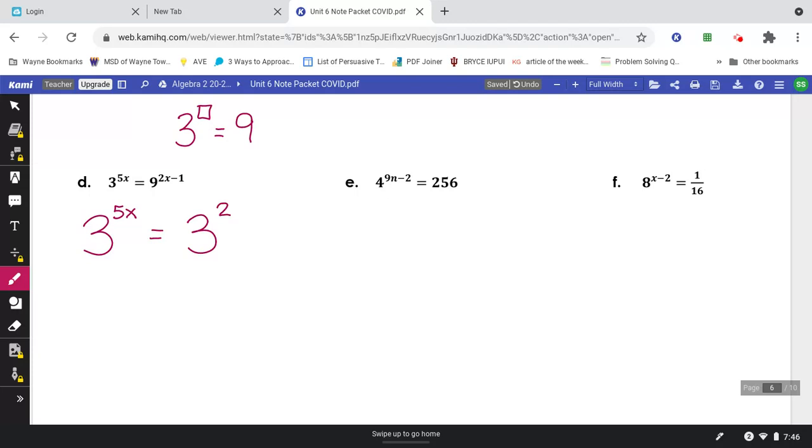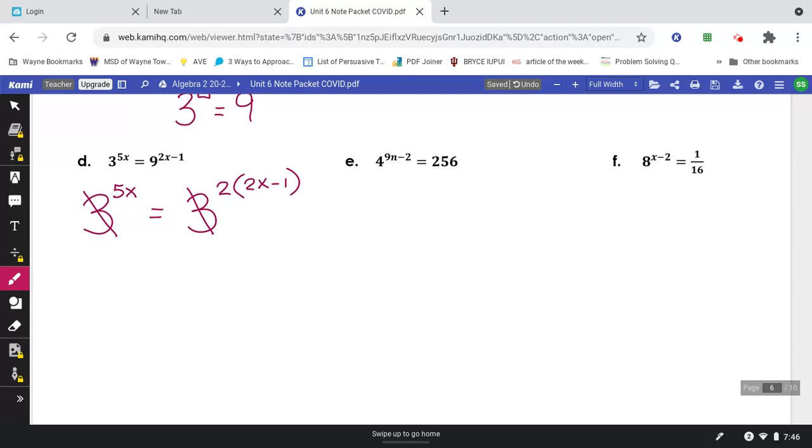Remember, you already have an exponent next to it, 2x minus 1, so we'll bring that down. From here, you can cancel your 3's, your same base, and bring down your exponents next to each other. On the right-hand side, this is a distributing problem.